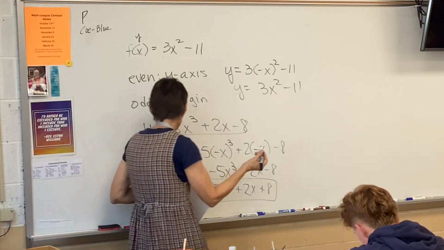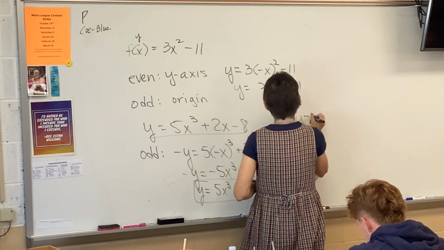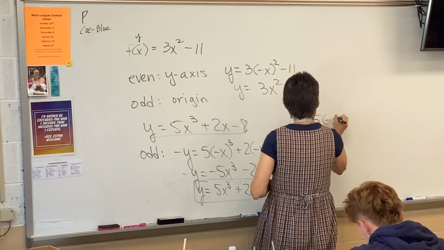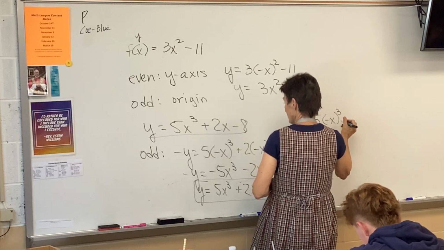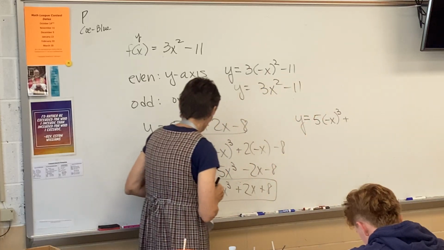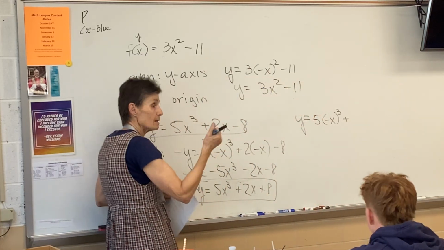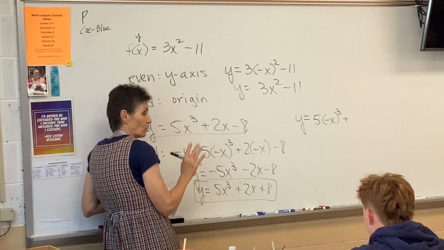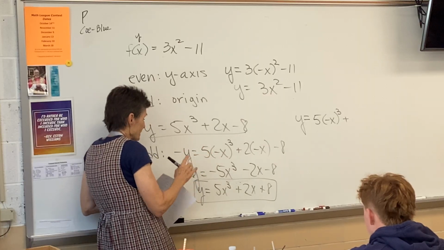So let's check even. Even is just change the sign on x. Can we just go to where we had it done after we did x's? Oh, okay. So Michael says I'm going to skip some steps.